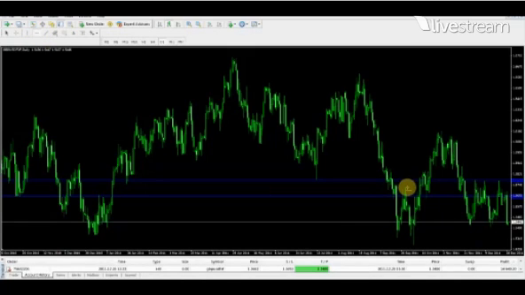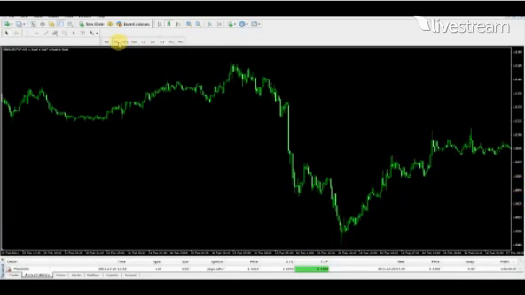This high in here, right here. All these areas of reasonable expectations for resistance support. Okay, and you go down to the lower time frames.